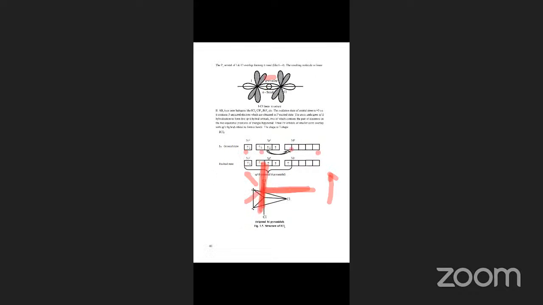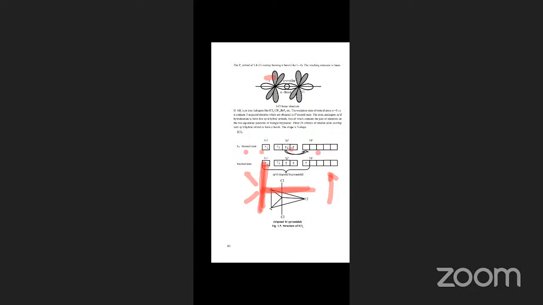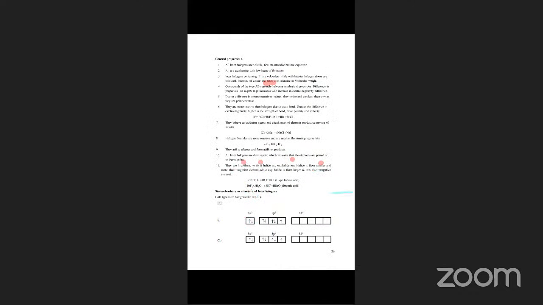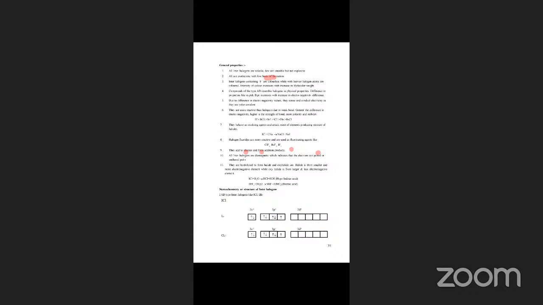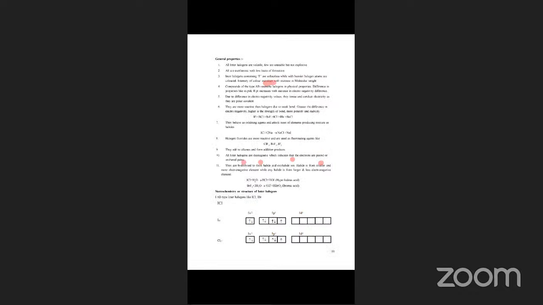So this one is number 1: ICl is a linear molecule. What is the shape of the molecule? Linear.